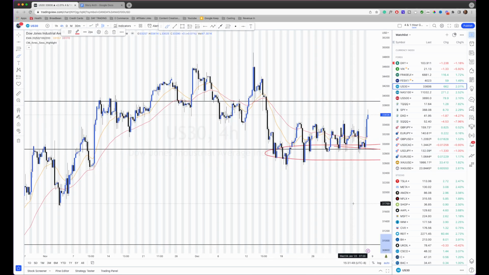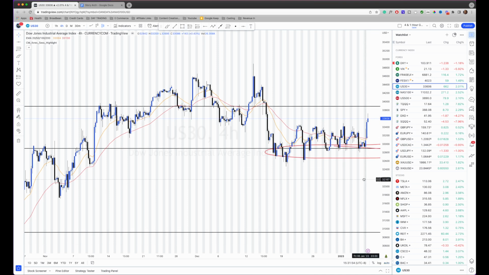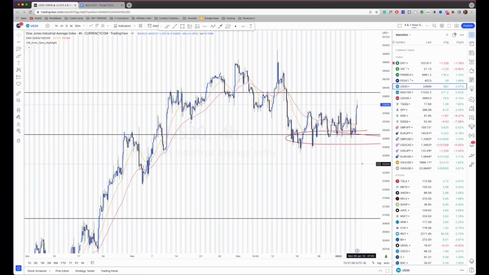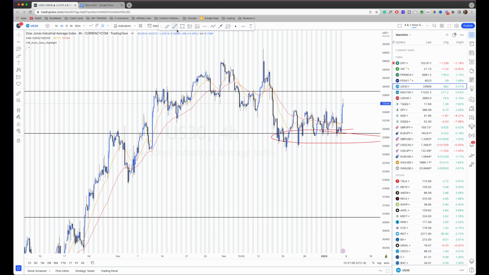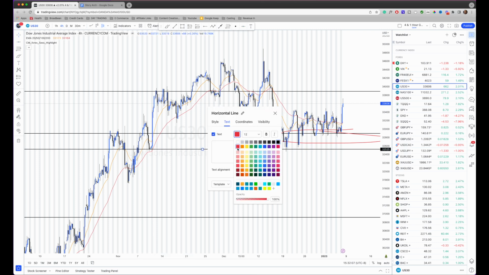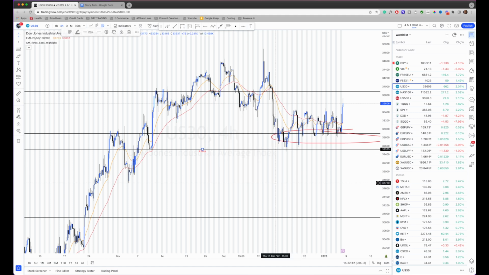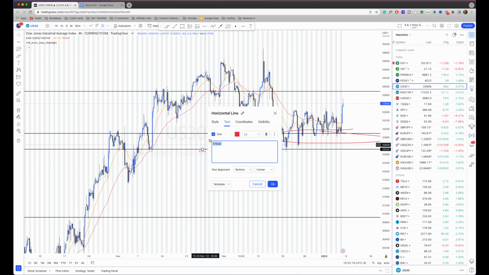So now I'm gonna zoom in and get a little bit more granular on this chart. So guys, what I wanna do is basically identify support and resistance areas on the 4-hour. So let's take a look at that. I'm gonna mark this red. Let's do 4-hour. Mark this red too.